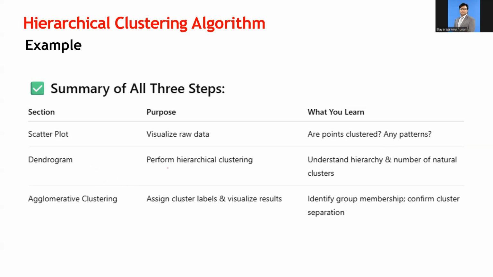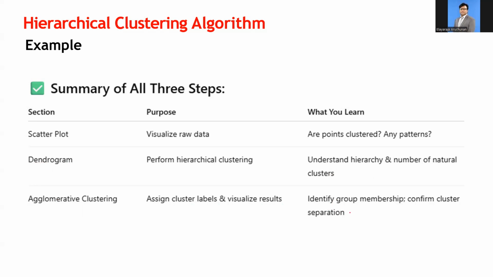Under the dendrogram, the second part, the purpose is to see the hierarchical clustering, and from here we can understand the hierarchy and the number of natural clusters, which we did just now. And then the agglomerative clustering: the purpose is to assign cluster labels and visualize the cluster results.